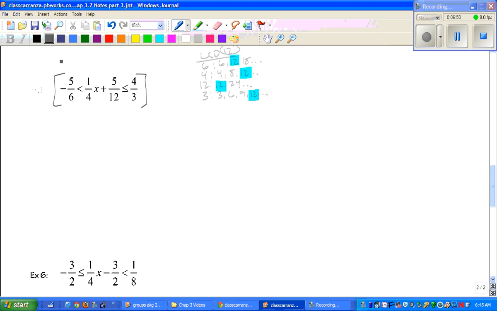So what we're going to do is multiply everything by 12, and not just 12, it's 12 over 1, okay? And that goes to everything. So 12 times 5 is 60 over 6. It's going to be 12 over 4x plus, we already did 12 times 5, which is 60.